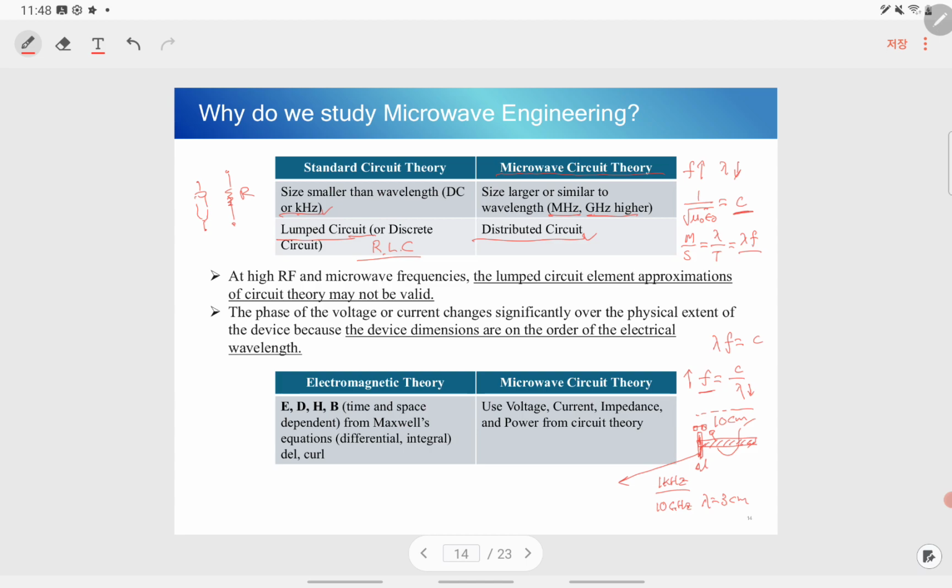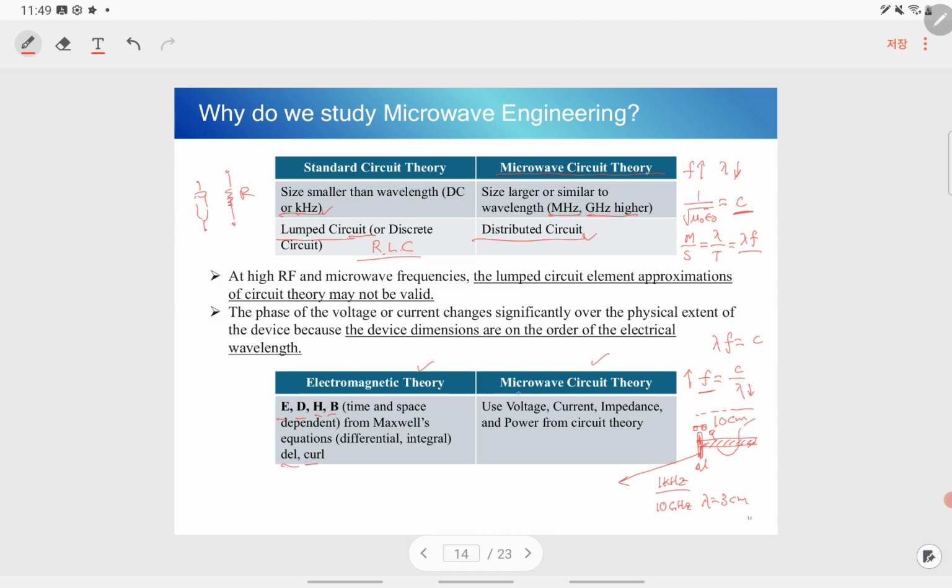And if we compare electromagnetic theory and microwave circuit theory, you learned E, D, H, B, right? Electric field intensity and flux, and magnetic field intensity and flux, and these are vectors. And then we use differential and integral equations, and del and curl. It's a little bit complicated and hard to accept the first time.